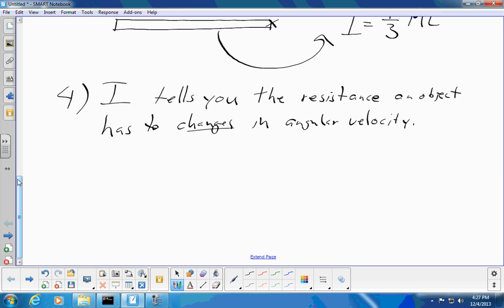Okay, what does that mean? If the rotational inertia or moment of inertia is a big number, it means that an object has a larger resistance to changes in angular velocity. In other words, it's harder to make it have an angular acceleration.